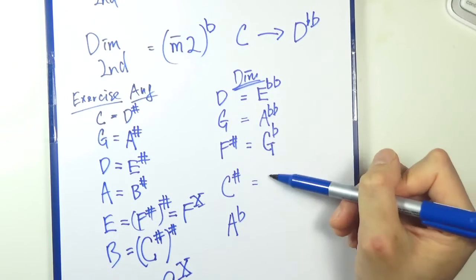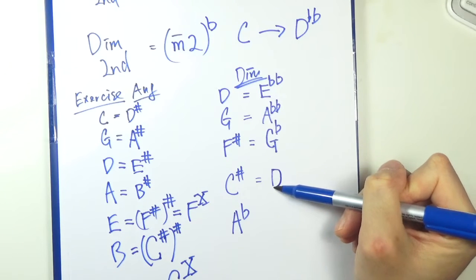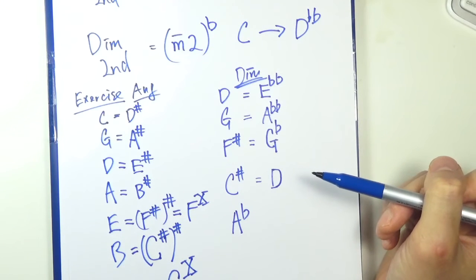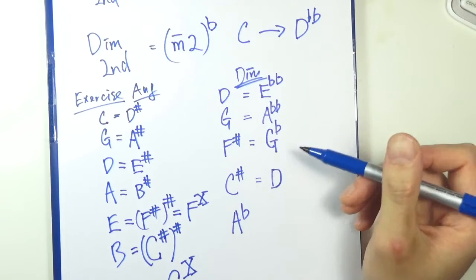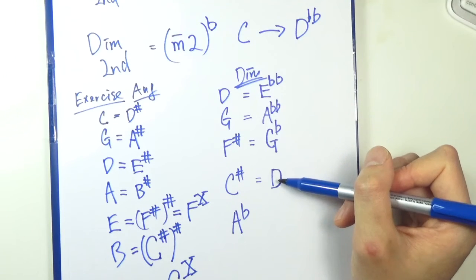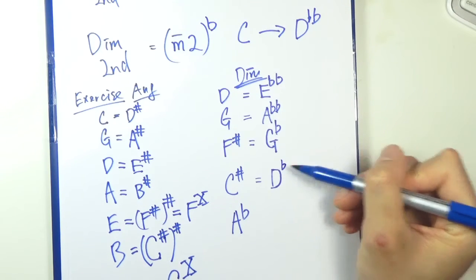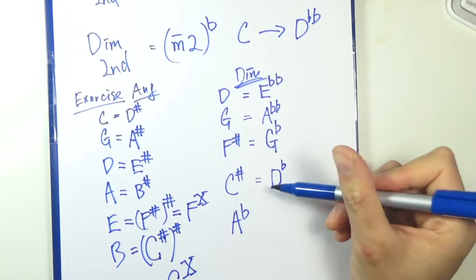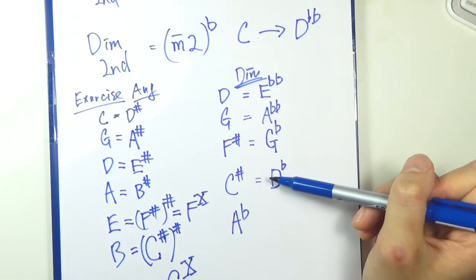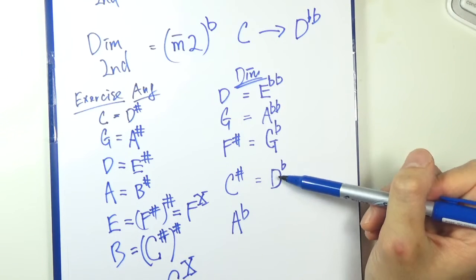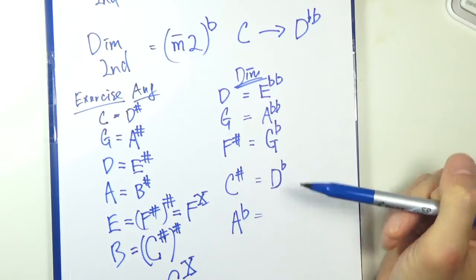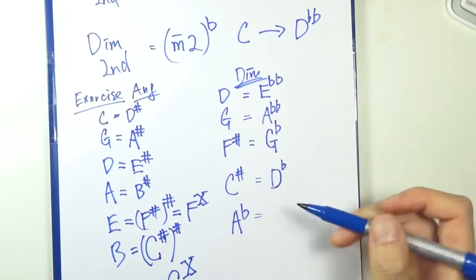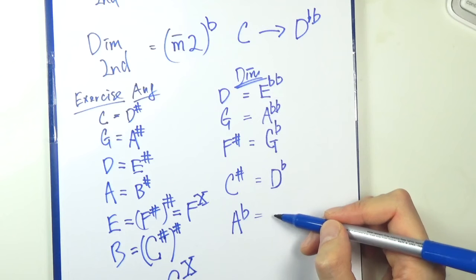C sharp, put down a D first, that's your quantity. It's always right to put down your quantity first. So D, we are already a half step apart, so I only need a flat here. Double check if we are actually the same pitch. So that's right.